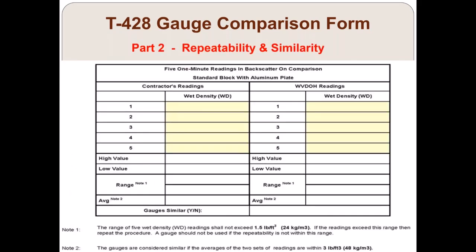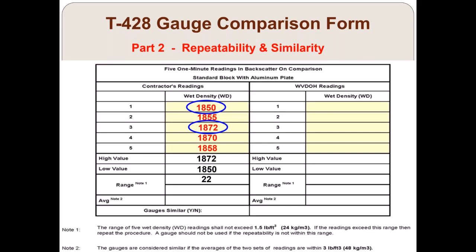And then we move down and do the repeatability and similarity section. The DOH has aluminum blocks that this is going to be done on. So the contractor would take 5 readings. They'd find their high value, they'd find their low value, figure the range.